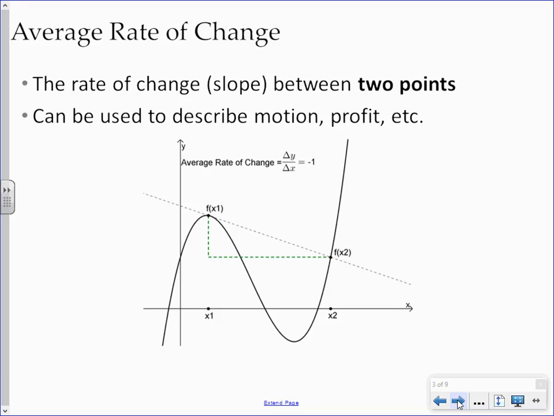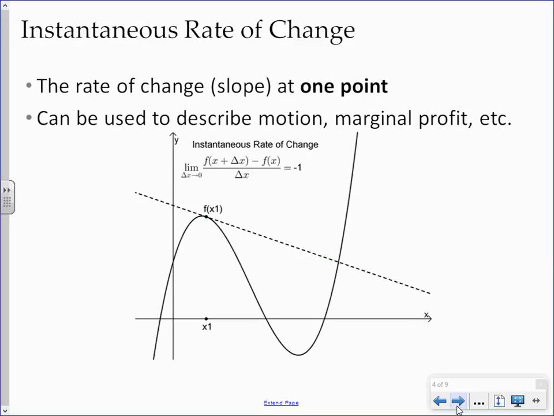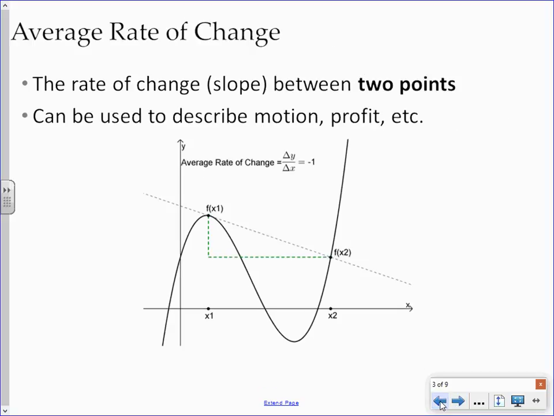Average rate of change is the slope between 2 points on a graph, versus the instantaneous rate of change, which is just the slope through 1 point on your graph. Average rate of change is the slope over an interval, where instantaneous rate of change is just at a point.